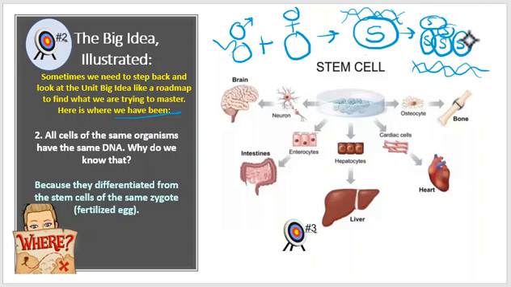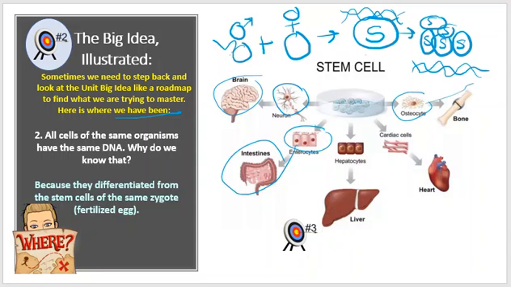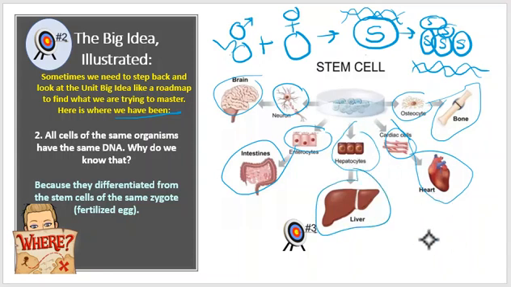Now, whether each of these cells become a nerve or a brain cell or an enterocyte and a digestive cell, osteocyte and bone, whether they become cardiac cells to the heart or hepatocytes to the liver, whatever their ultimate function is, they all have the same genetic code. They differentiated from the same zygote and fertilized egg. That's what we see happening up there.